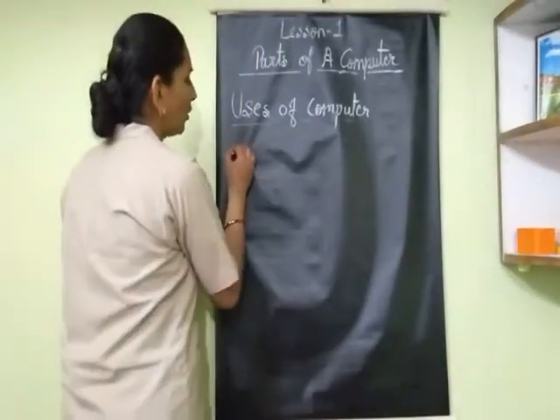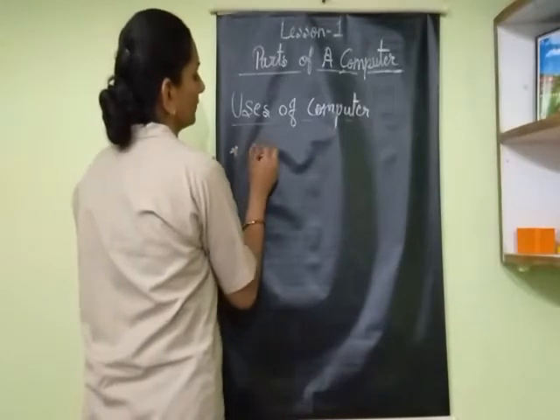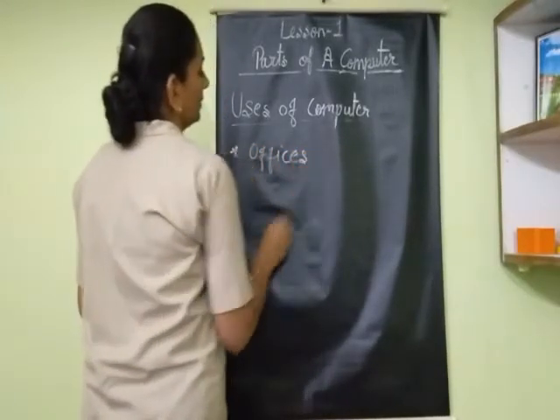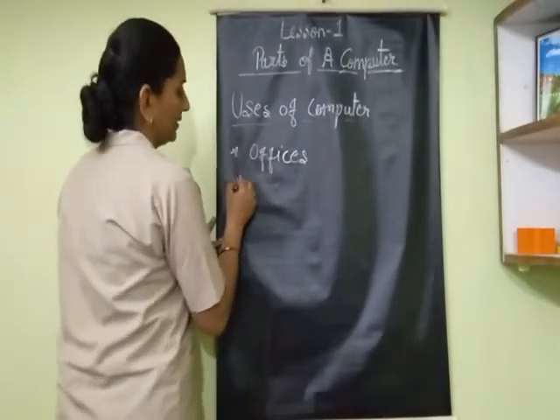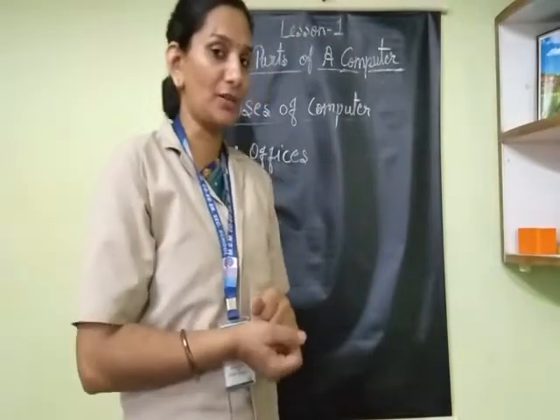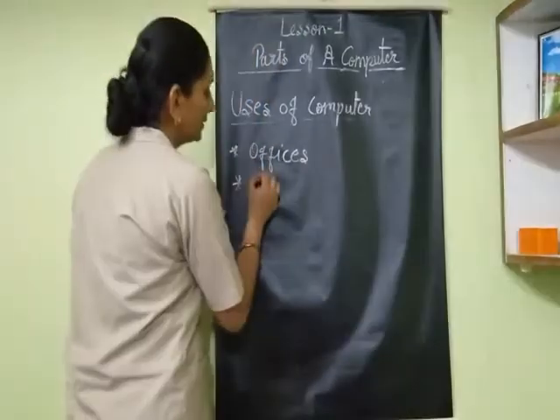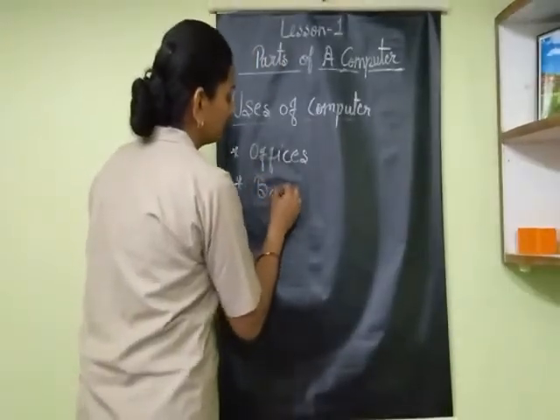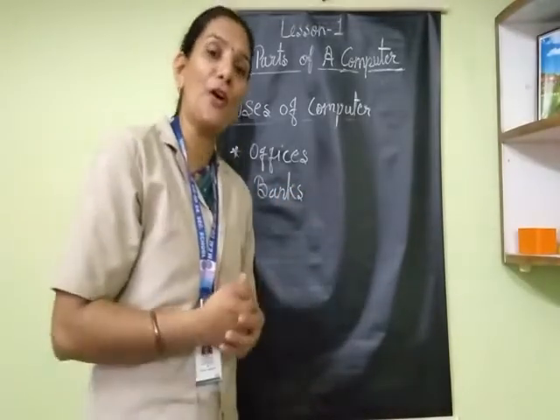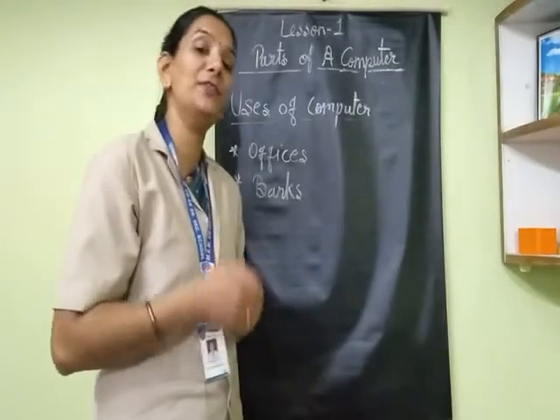First is offices. In offices, we use computers for keeping records. Next, banks. Banks use computers for maintaining the records of their customers.